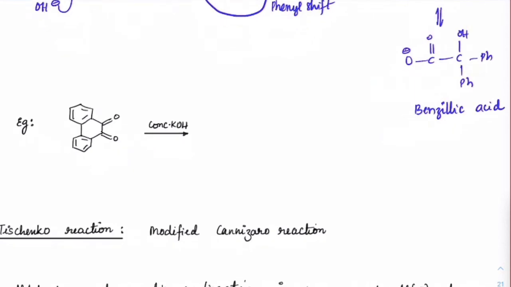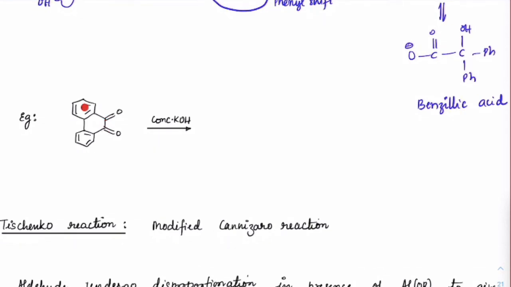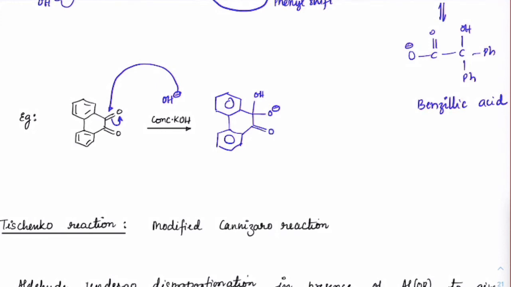Let me show you an example here. See, same kind here also. We have alpha diketones connected with some groups here. So it is like a benzil here. Now OH minus would first attack on any of these carbons. O minus will get rearranged. So I will get a molecule like this with OH, O minus, and double bond O. Now as this double bond closes, this bond will break and connect here.